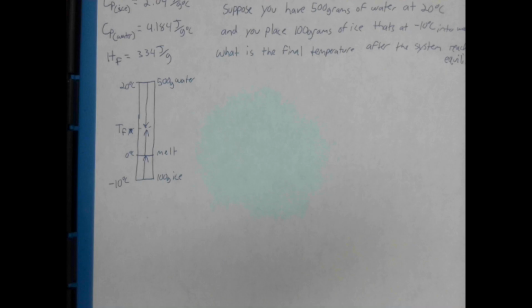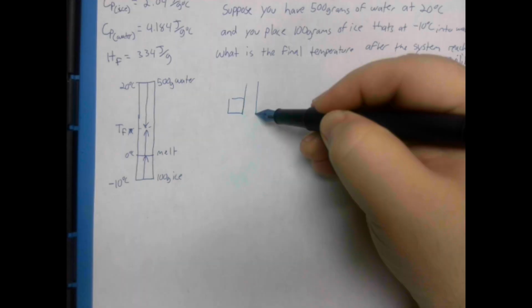We can imagine it's the exact same scenario as if we took a block of ice and a glass of water and just put them next to each other. Heat always flows from hot to cold.